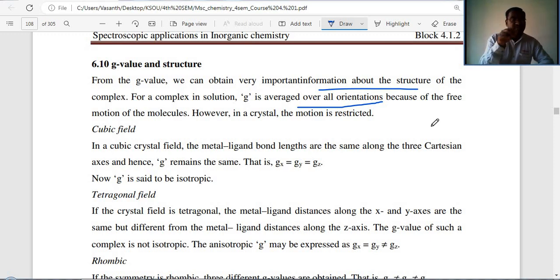In a cubic field, metal ligand bond lengths are the same along the three Cartesian axes, and hence g remains the same.